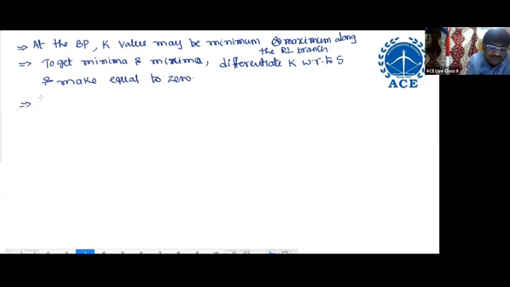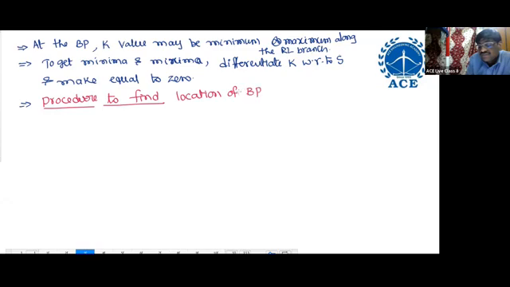Write the procedure to find the location of the breakpoint. Step 1: Form the characteristic equation, 1 plus G of S, H of S equal to 0.